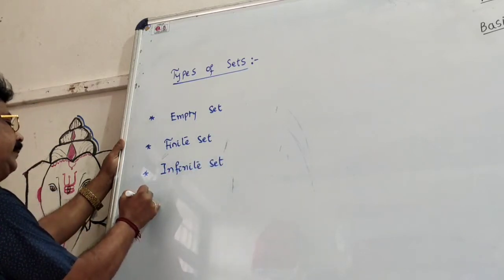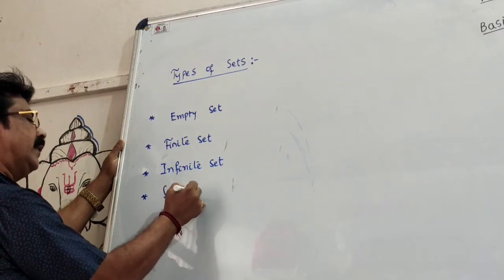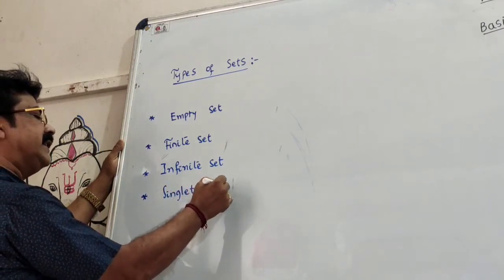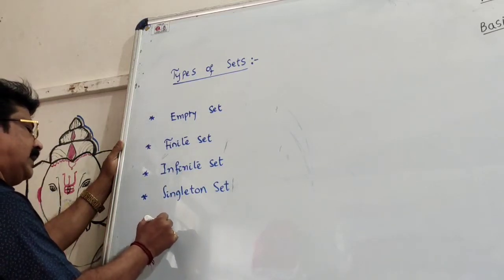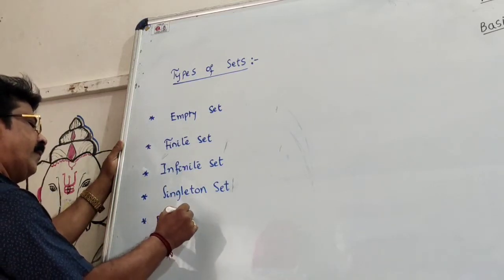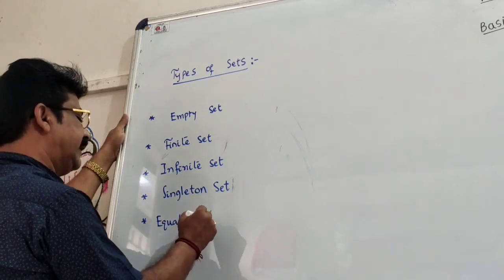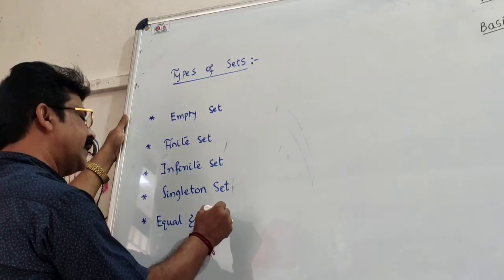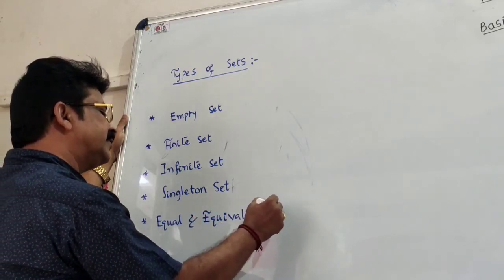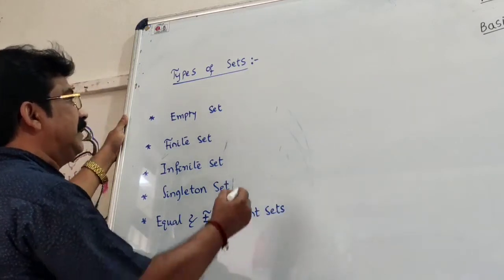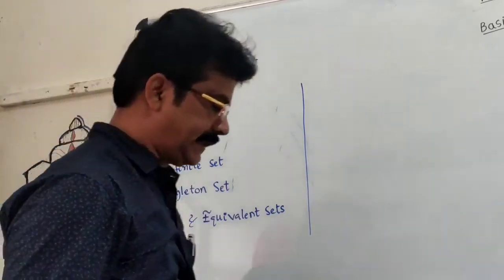Later, singleton set. Later, equal and equivalent sets. So first we are going to learn these different kinds of sets.